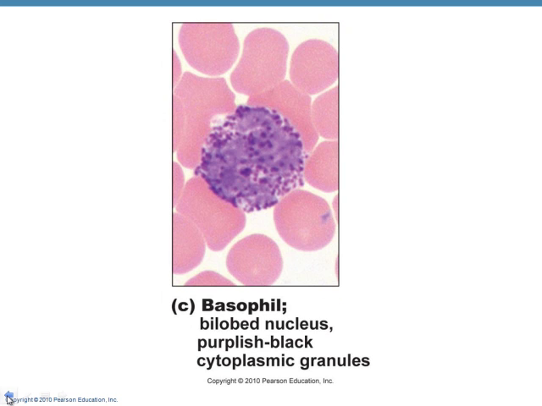Who's this guy? Basophil. And the little black granules, or very, very dark blue, they look black to me. I don't know about you. They do look purple in here, but when you look at them under the microscope, they look black. Believe me.